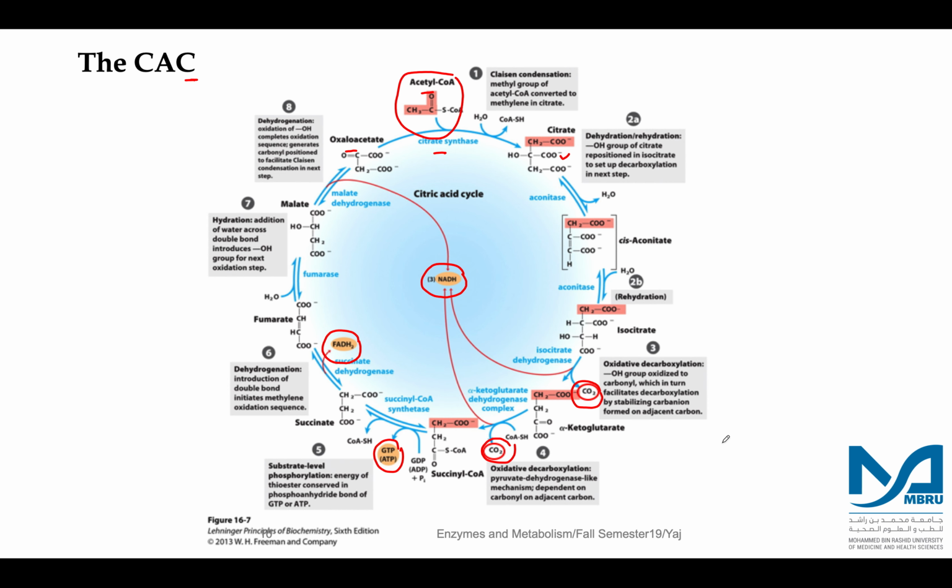So, what are the products of the cycle? The products of the cycle are NADH, FADH2, carbon dioxide, and GTP. But predominantly in the TCA cycle, what we get back is carbon dioxide and protonated NAD and protonated FAD, along with one molecule of GTP.